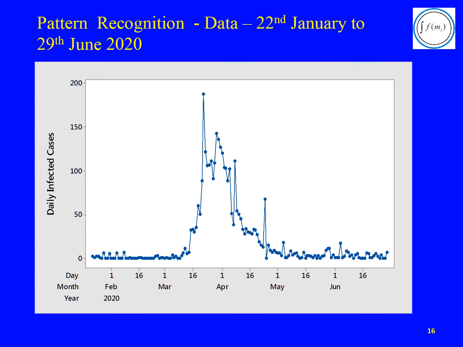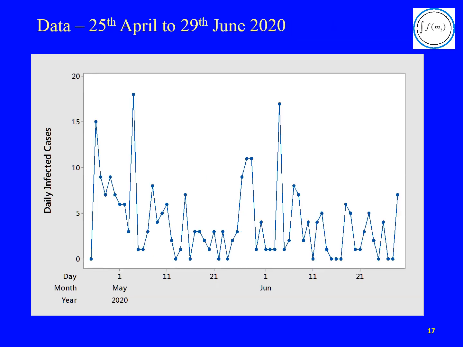There is a growth, a rapid jump of infected cases, and again its decline with heavy fluctuations, and it moves to a very lower level. So this time series plot explains the pattern. This part we have to identify very clearly to proceed further.